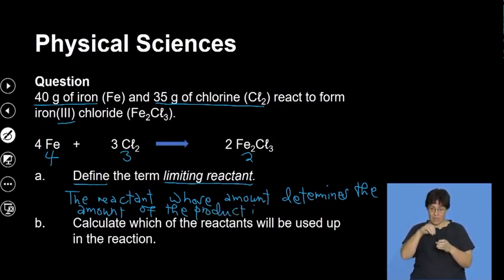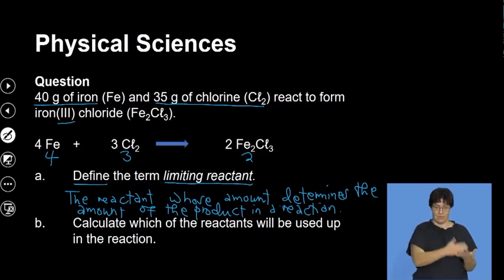In other words, this is the substance or reactant that gets used up. So the amount of product obtained in a chemical reaction depends on the quantity of the limiting reagent.